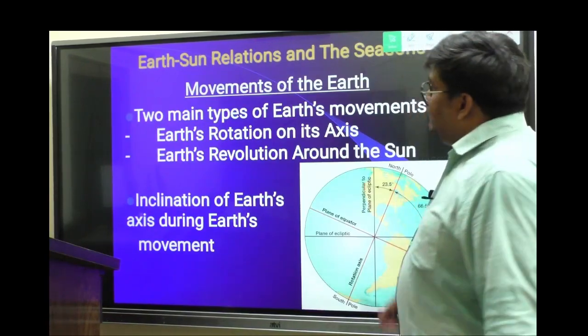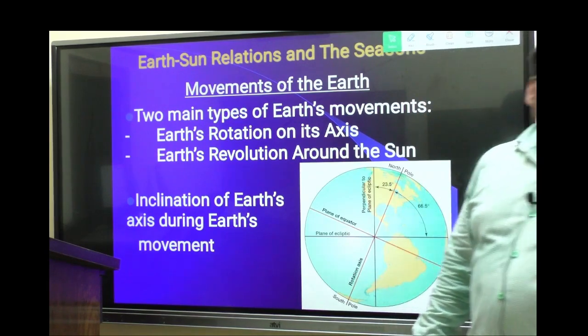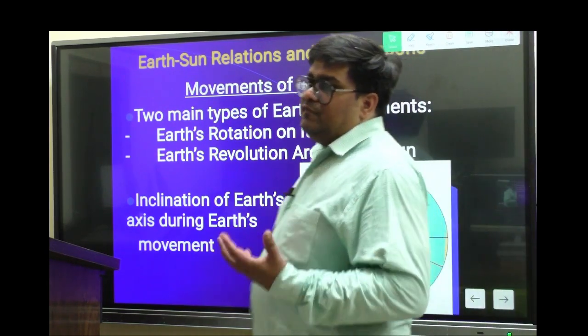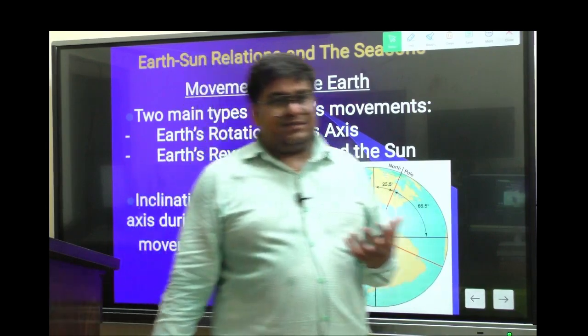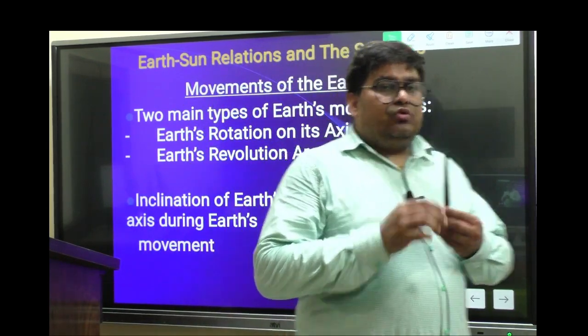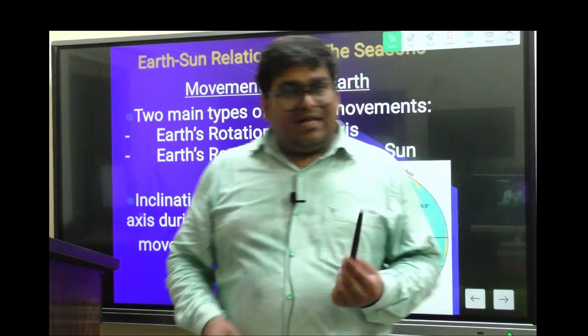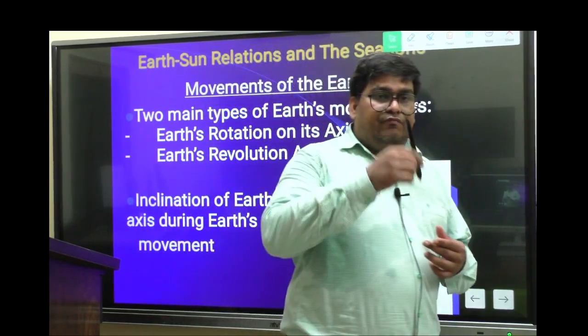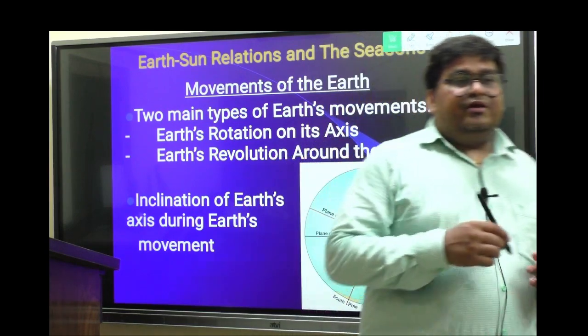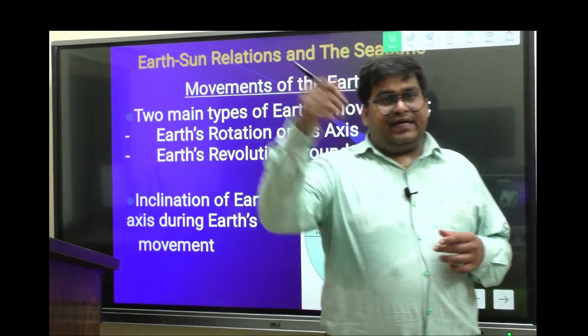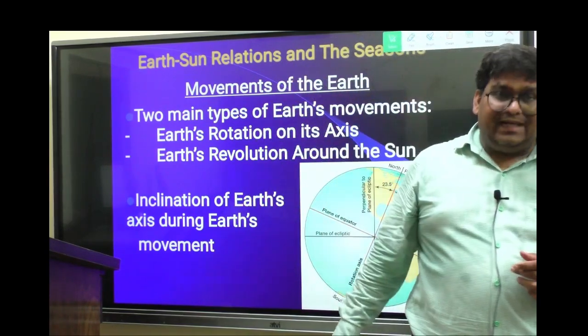Okay, this is what I have explained to you, the earth movements. See, there are two types of movement the earth generally has. One is that the earth rotates on its axis. As I told you, the earth is inclined from the vertical plane by 23 and a half degrees, so the earth's axis is somewhat tilted.